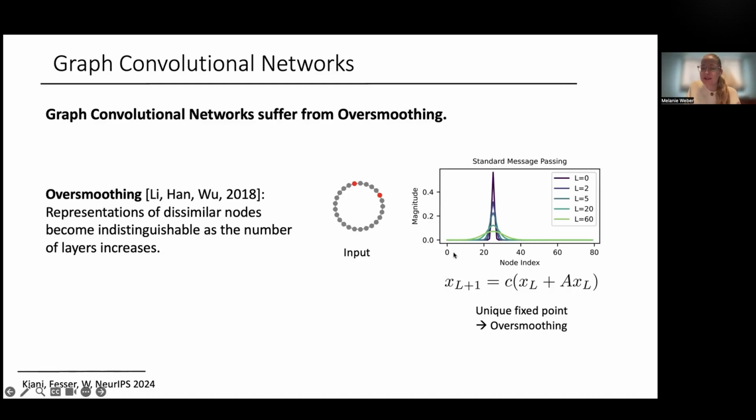And then if we look at the dynamics here, we see for this specific example, but you can also observe it in other settings, that we have this representational collapse. So there's a unique fixed point of these dynamics, and that signifies this representational collapse that we see in oversmoothing.